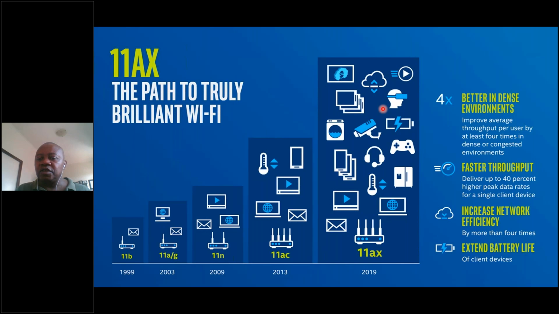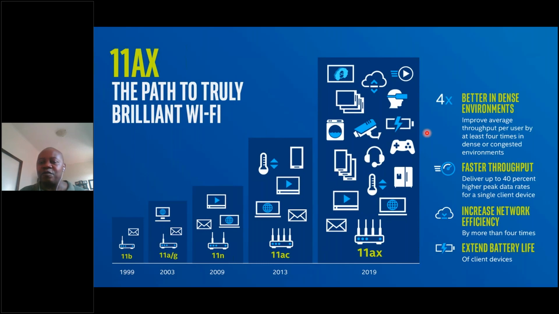So let's go into AX. 11AX is the latest IEEE Wi-Fi standard, 802.11ax. And why would you, apart from the global chipset shortage of AC and N, want to be looking at AX?